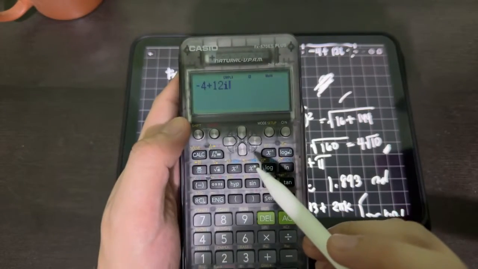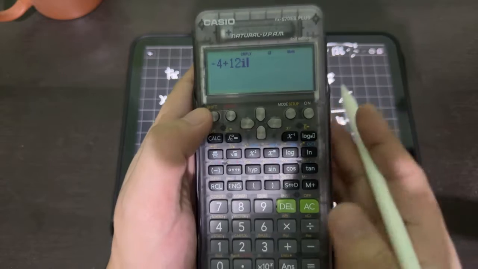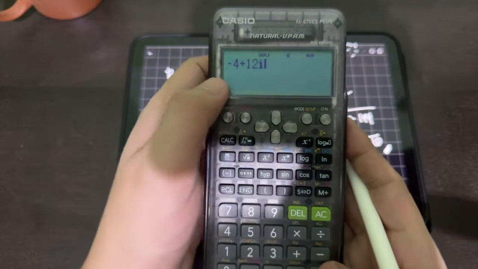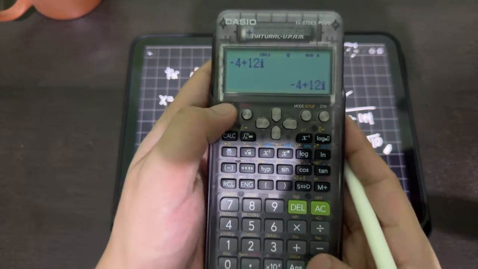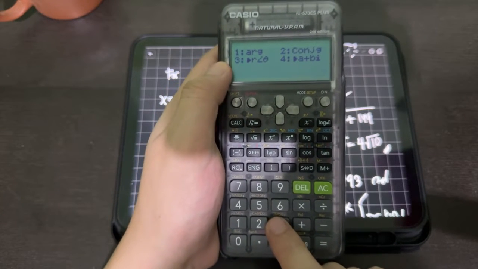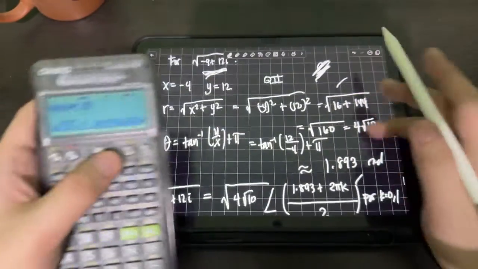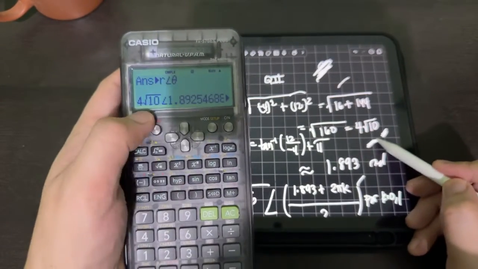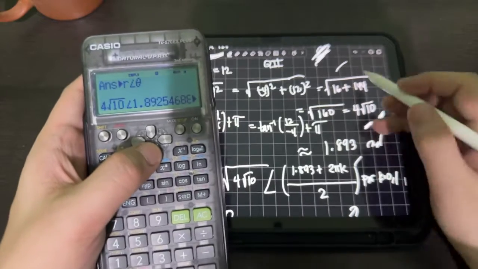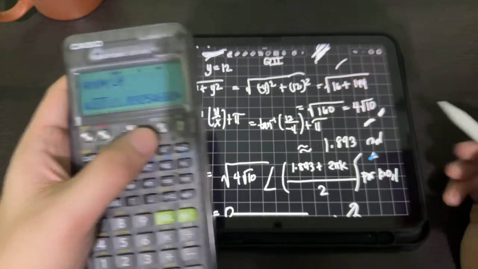Input first -4 plus 12i, and then press shift 2 complex and then 3 for the angle theta form, equal. So see, we also got r, which is 4 square root of 10, and theta approximately 1.893 as well.